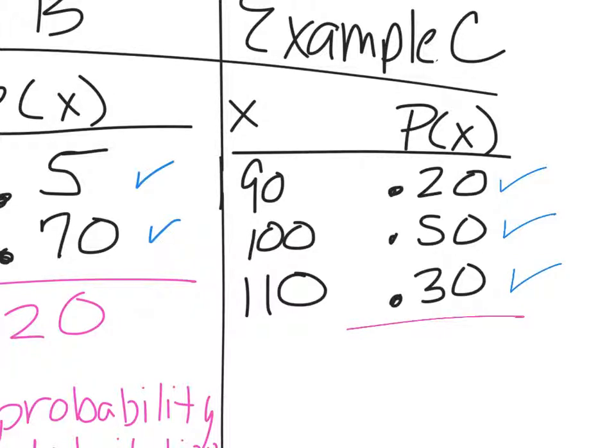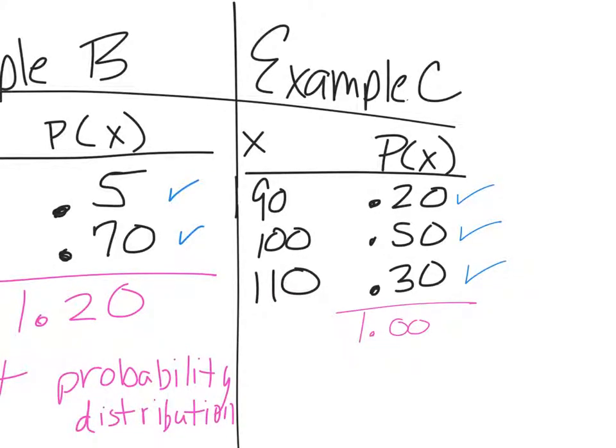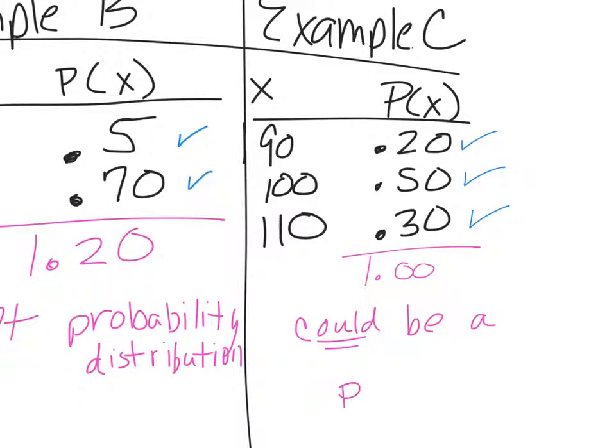So now let's add them all together. And sure enough, if I add them, I get 1.00, which is the same thing as 1. So this one could be a probability distribution.